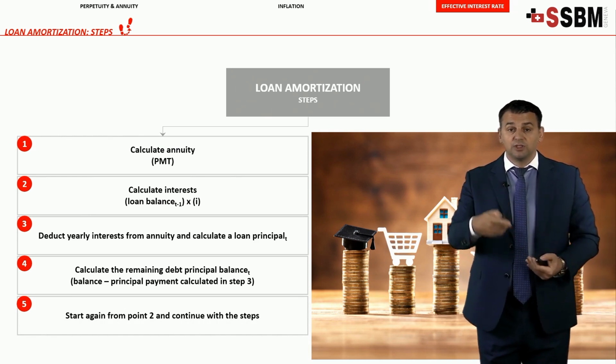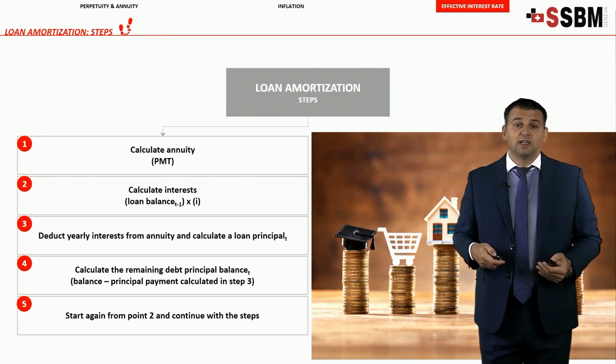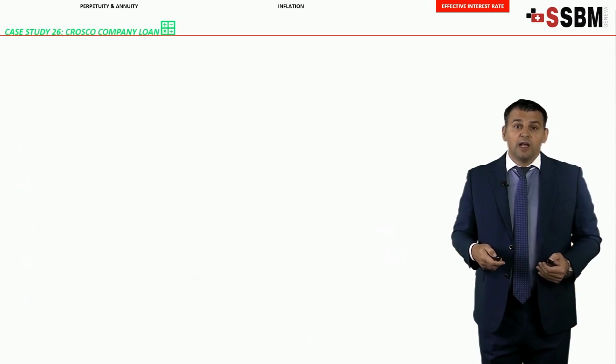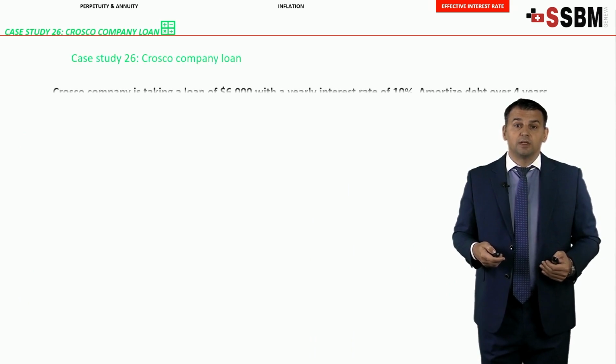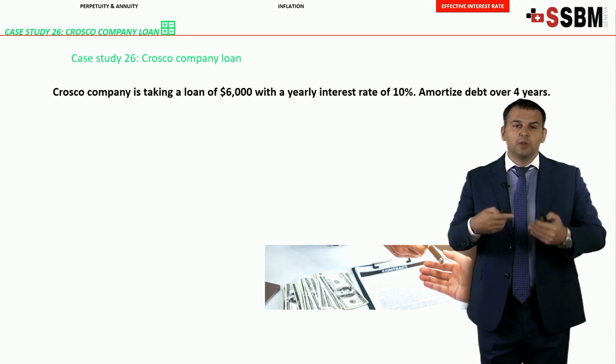This is important to keep in mind, but the best way to understand is to use it in a case. I will now explain in simple words how to amortize a loan, how to calculate the repayment of a loan, ensuring that the borrower gradually reduces the debt while compensating the lender with interest.